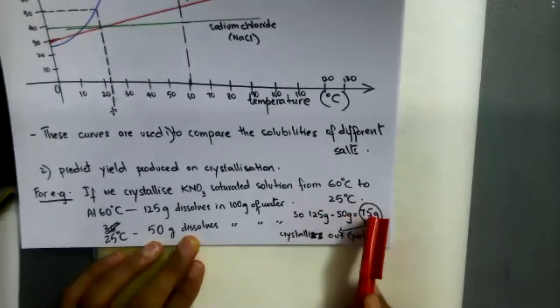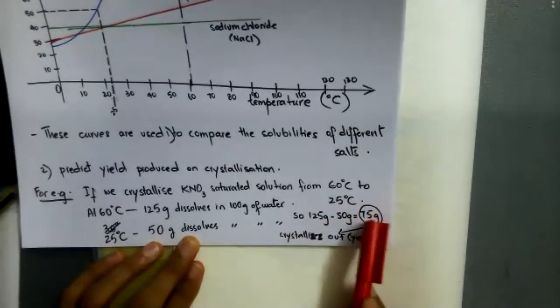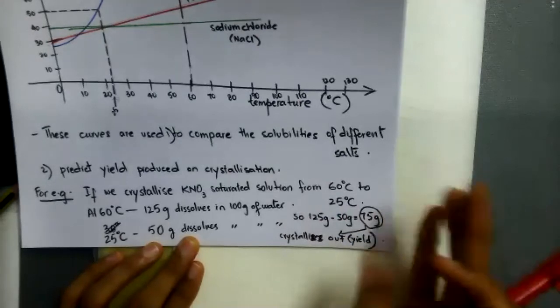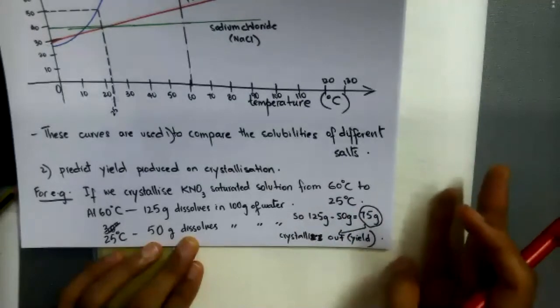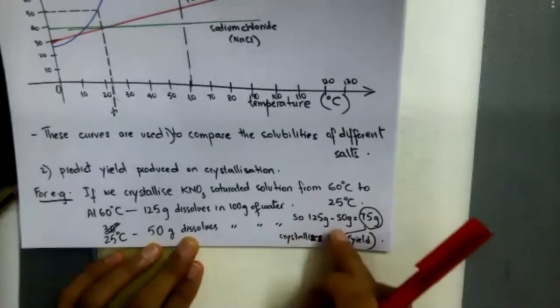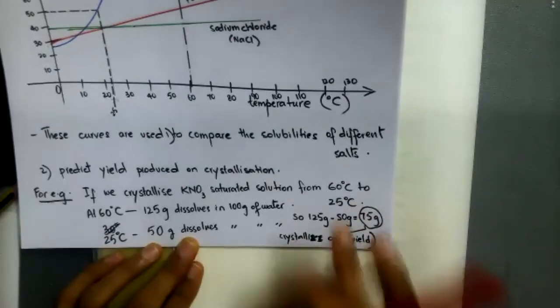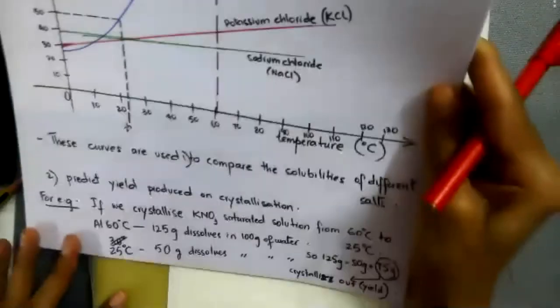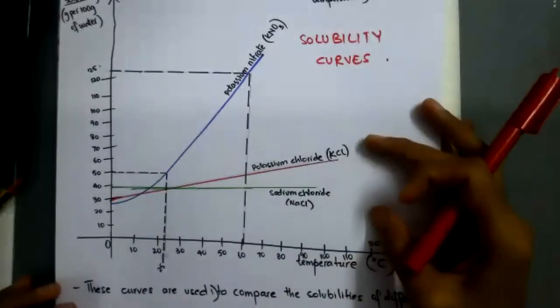And so the difference will come out. That will crystallize out. We call it the yield, the production of crystallization. This is how we calculate the crystallization or the yield of different salts after crystallization. So these are the different ways we use a solubility curve.